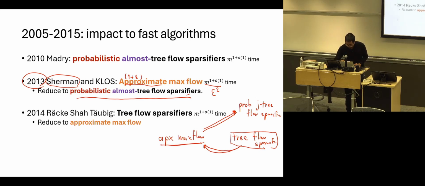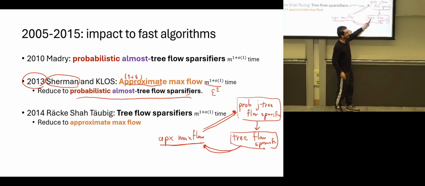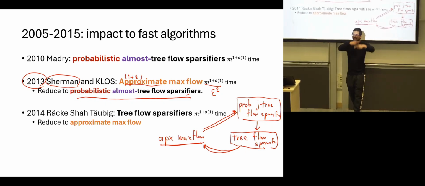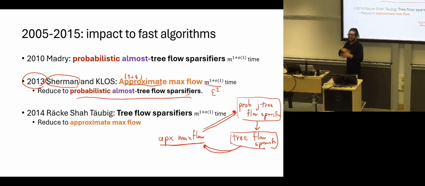But if you want to solve approximate J-tree flow sparsifier, clearly this is weaker than tree flow sparsifier, because this is a single tree version. This one is weaker, it's probabilistic and J-tree. So you see that there is this circle of dependency.